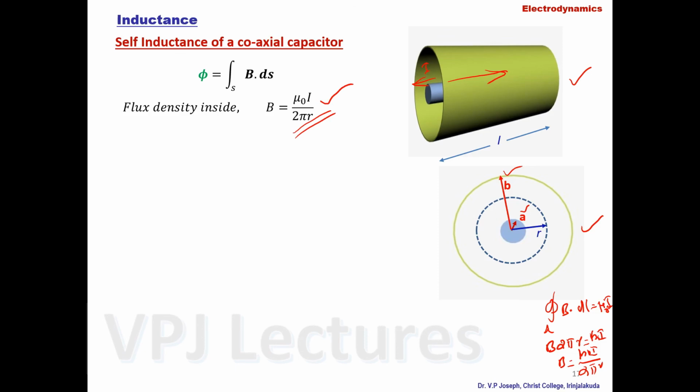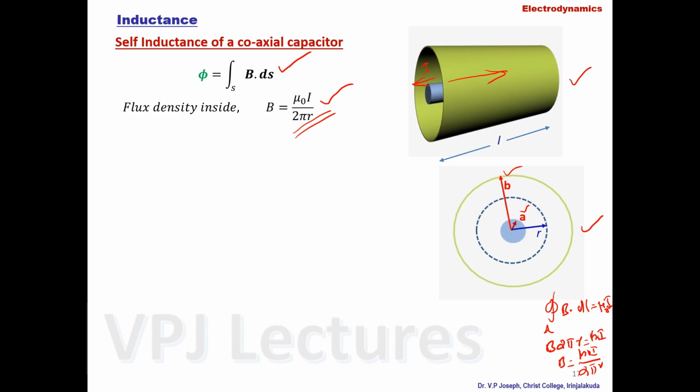So the flux associated inside the capacitor, phi, is given by the surface integral B dot ds, where we are dealing with the surface inside the cable or inside the capacitor, that is the entire region, and we have the circular magnetic field B inside, and that changes from a to b.